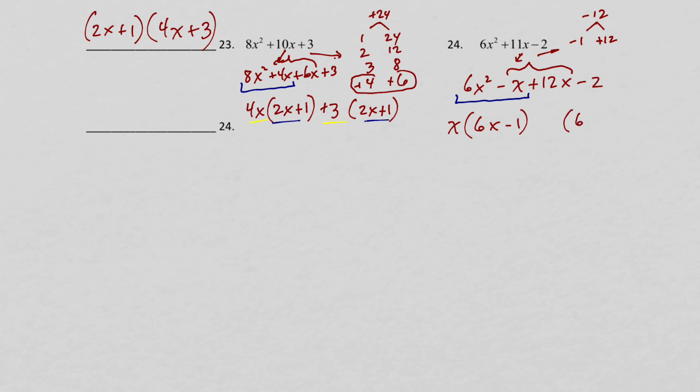So now I'll leave a big space and put 6x minus 1 again, because whatever you leave behind here, you have to leave behind there. Then I'll think about what you have to put here so that when you distribute, you get back to those. It looks like a plus 2. So my common factor in each of these terms is 6x minus 1, and it leaves behind an x plus 2.